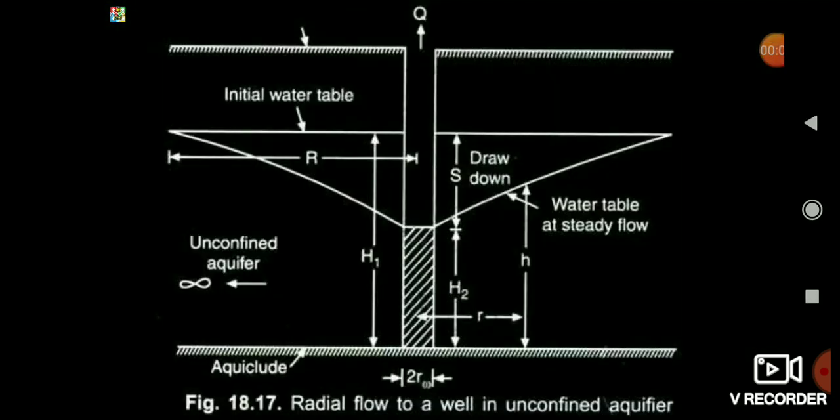You see here in the diagram, Q is the discharge, S is the drawdown, H1 is the height, H2 is also the height at the base of the well, and 2r is the diameter of the well, and capital R is the radius of curvature.